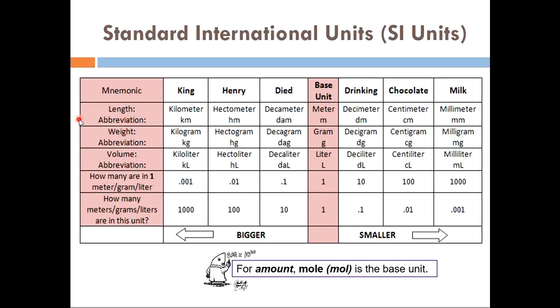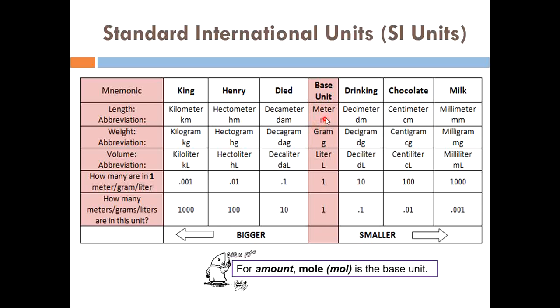You guys probably remember this mnemonic device, King Henry died by drinking chocolate milk. It stands for kilo, hecto, deca, base unit, which is meter, gram, liters, deci, centi, milli. The way that you used this in elementary or middle school is that, depending on the number you were given, you would move the decimal over to the right or to the left to convert your units to whatever you were being asked to convert to, right?